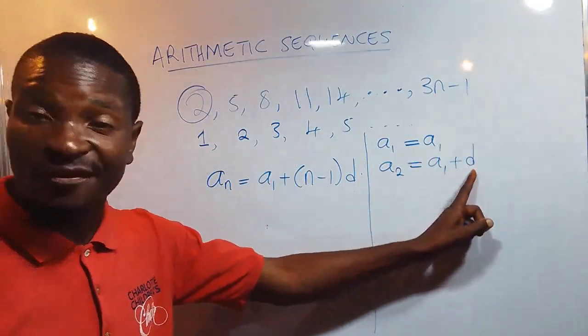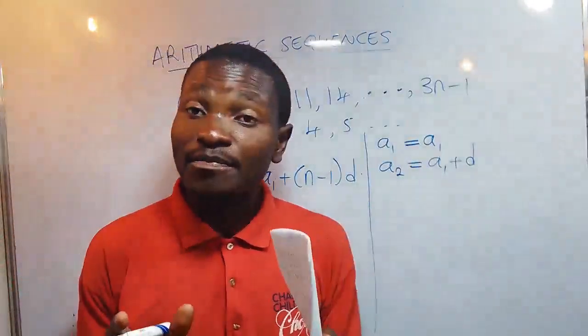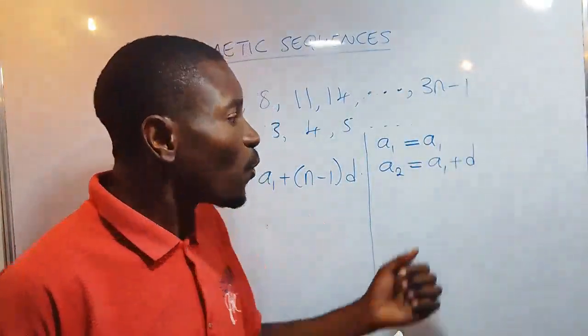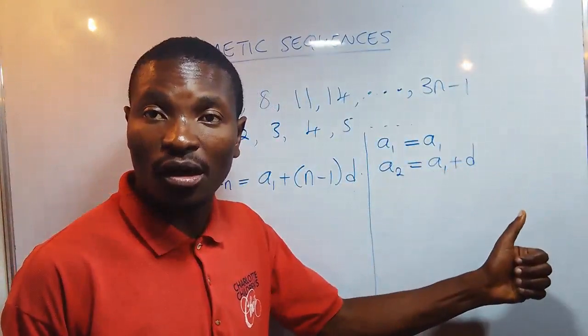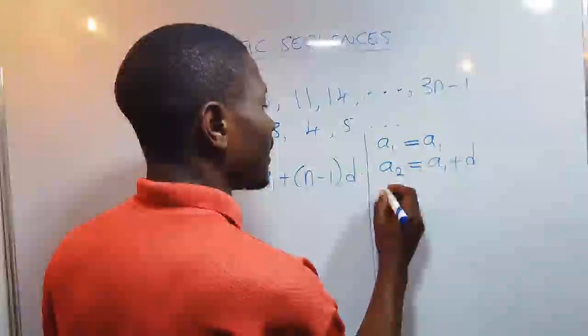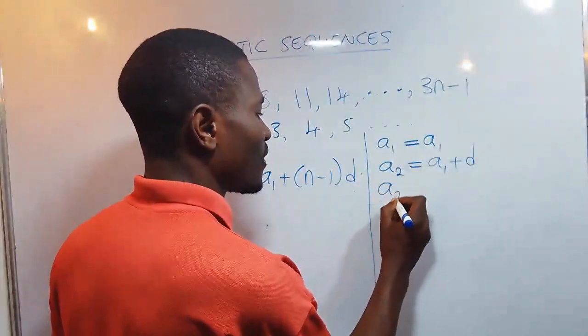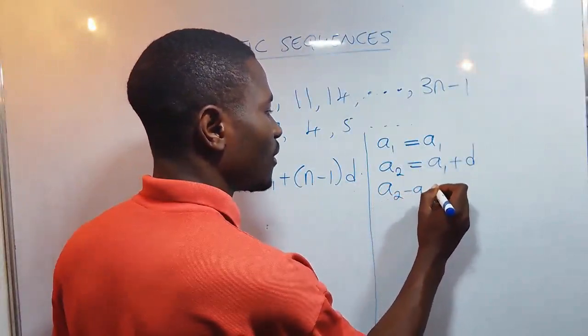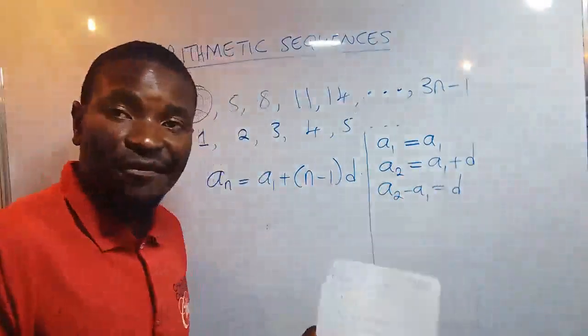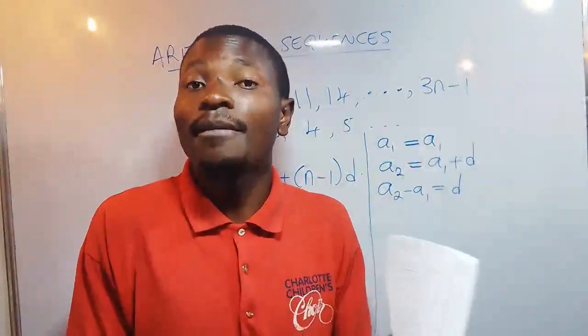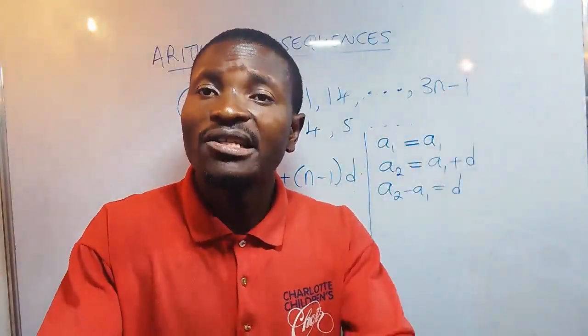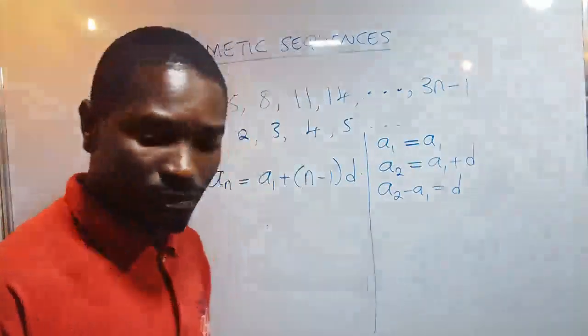What that means is you can make d the subject of the formula. Meaning, I can do a 2 minus a 1 equals the difference. I hope that is how you find the difference.